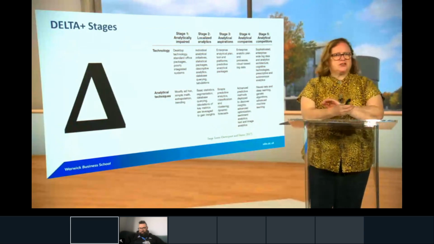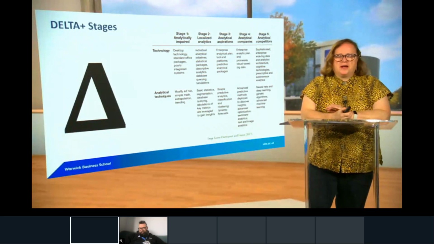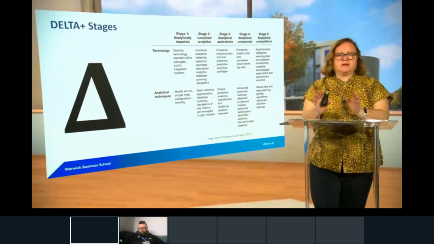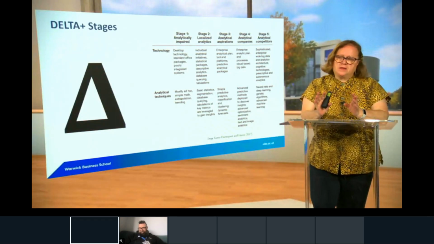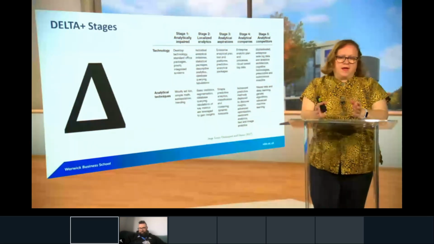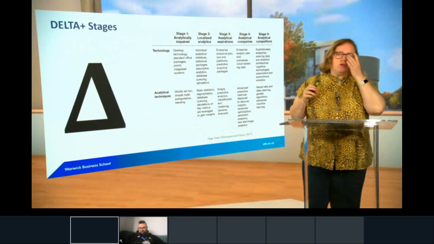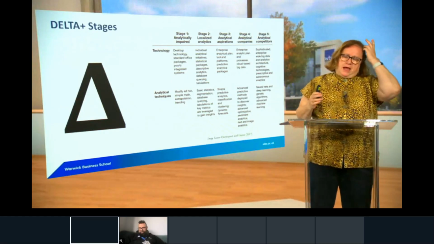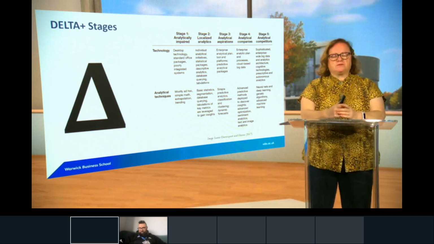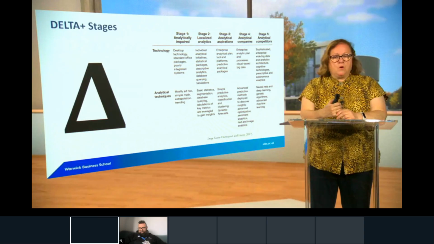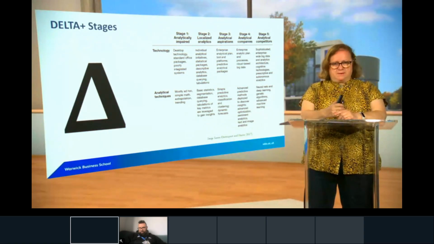So in the session that you're going to have in your workshop this week, we're going to have 2 case studies describing 2 organizations' use of analytics, and we are going to use the Delta Plus framework to evaluate each of those organizations' analytical capability.